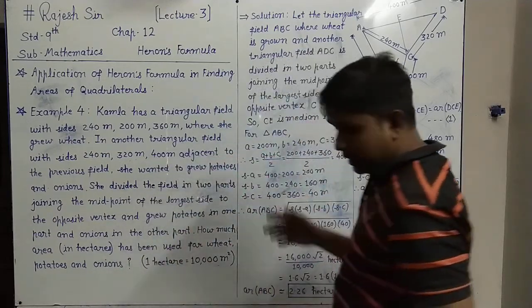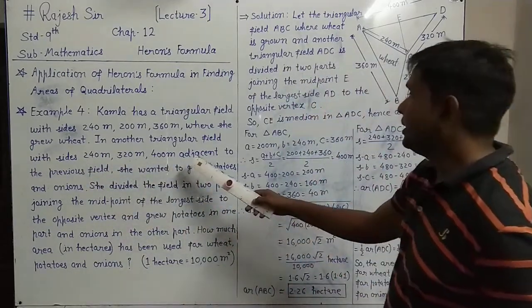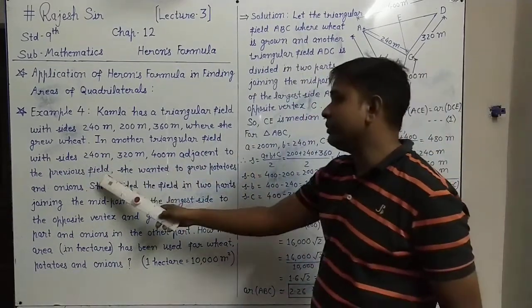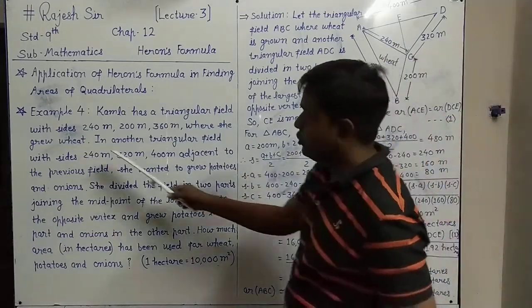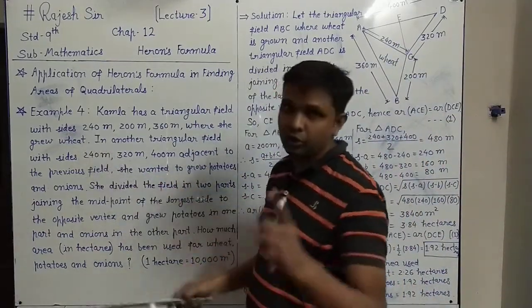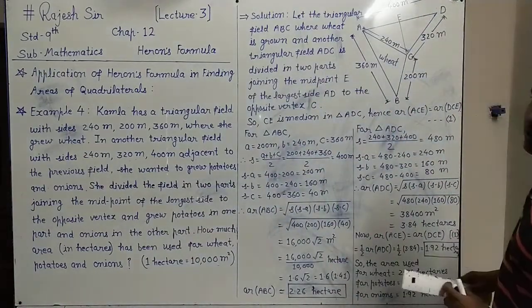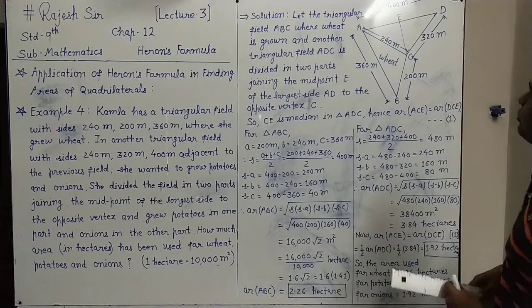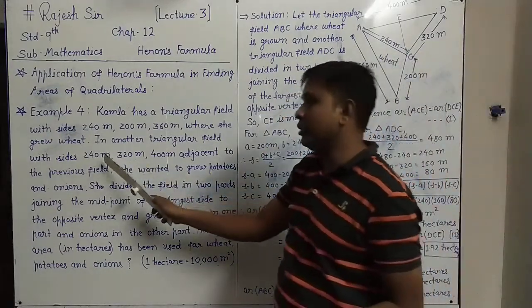And the other triangular field has sides 240, 320 and 400, adjacent to the previous field. Adjacent to which side? The side that is common: the 240 meter side is common. So on the 240 side, we have shown the adjacent triangular field, with 240 as one of its sides.